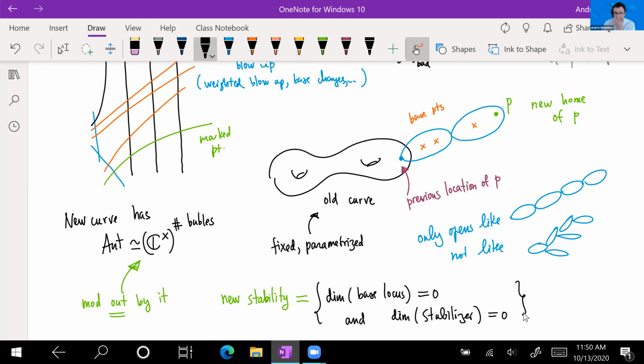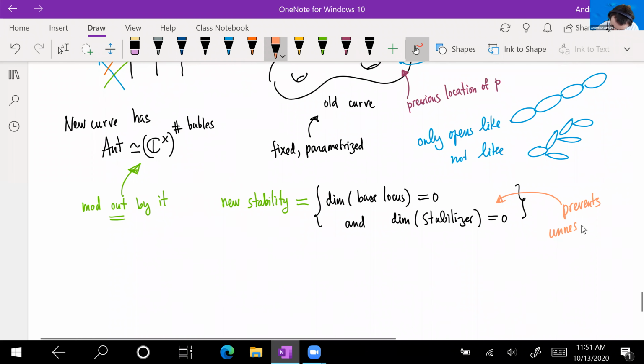If I want pointed curves, a good stability condition is that the automorphisms be finite. So it means the stabilizer of that as a map has to be 0 dimensional. In particular, this prevents unnecessary blowups, unnecessary bubbles.